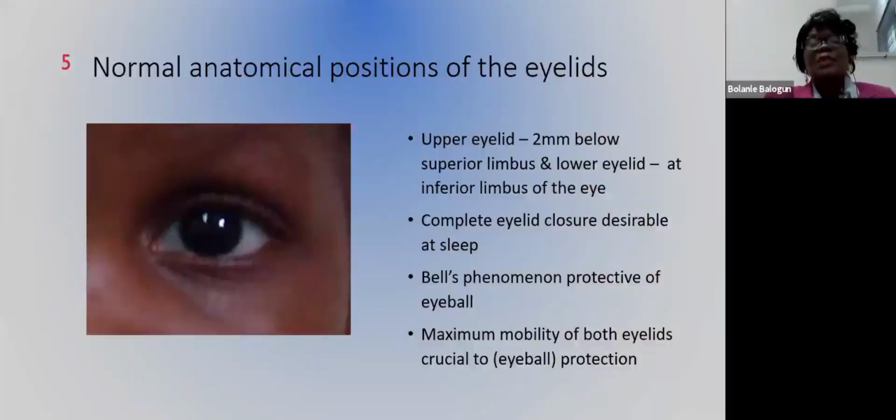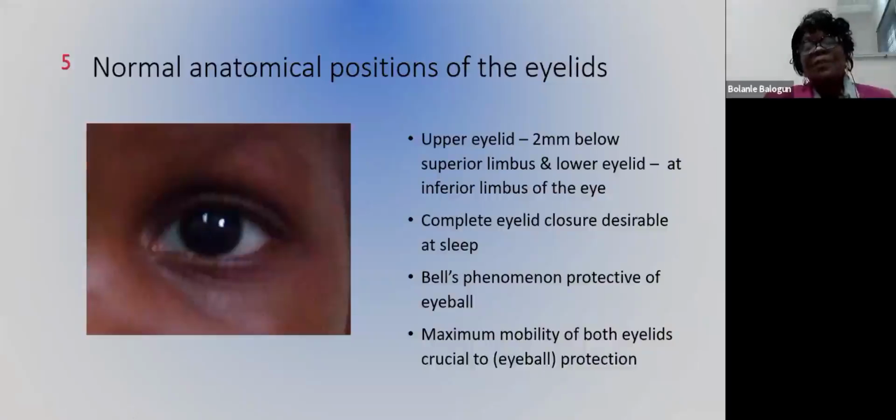So let's get clear the normal anatomical positions of the eyelids. The upper eyelid normally should be 2 millimeters above the superior limbus. The lower eyelid should be at the level of the lower limbus. It's very important that a patient achieves these two anatomical positions, because that way the patient will be able to maximally close the eyelids at sleep.